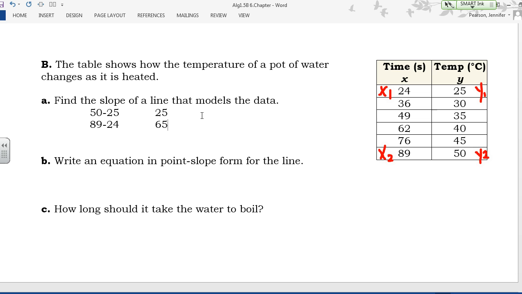And 25 divided by 65 is 0.38. Now that I have my slope and I have my x1 and my y1, I can write my point slope equation. Y equals the slope times (x minus x1) plus y1.